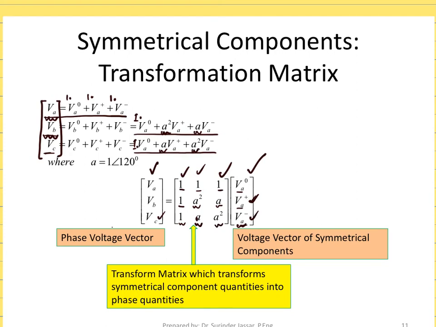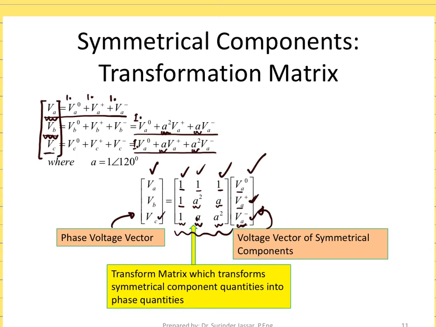So this is called the phase voltage vector. This is called the voltage vector of symmetrical components. And this 3 by 3 matrix in the middle is called the transform matrix. What it does is transform the symmetrical component quantities into phase quantities. So you might realize what we have done.